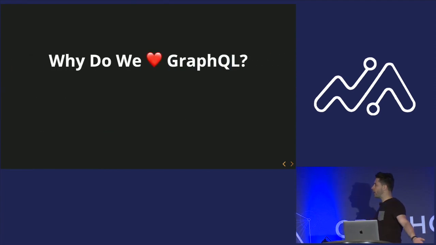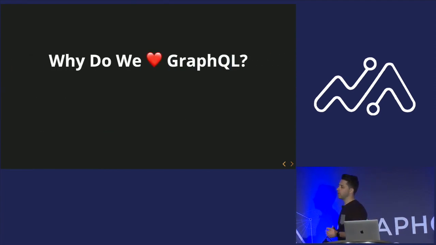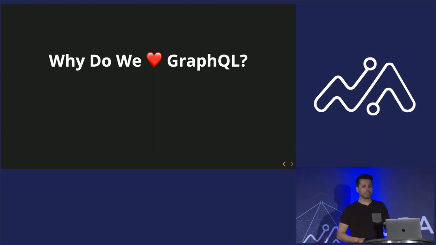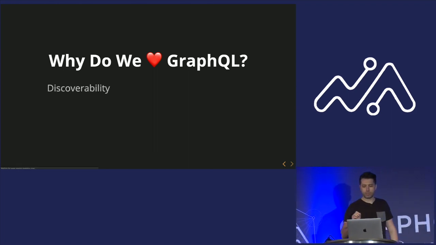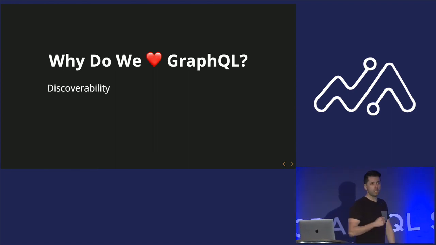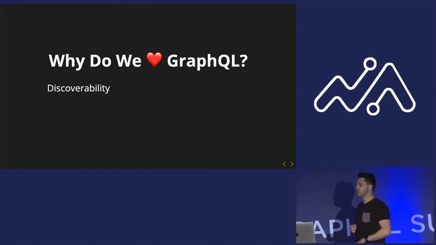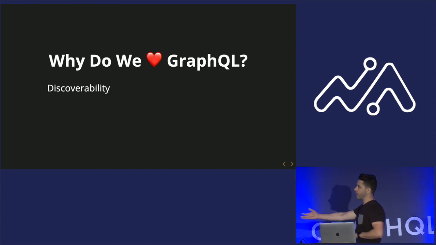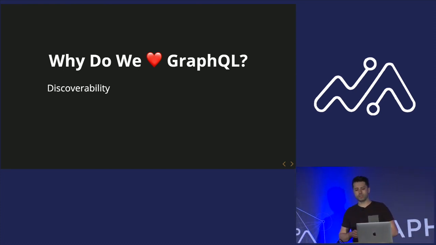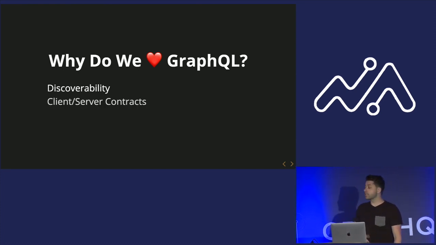So, question, why do we all love GraphQL? Everyone's got their own reasons, but some of the typical ones might be things like discoverability if you're developing a client application. We can peer into the GraphQL API that we're calling into and see what's available. We've got these client-server contracts.